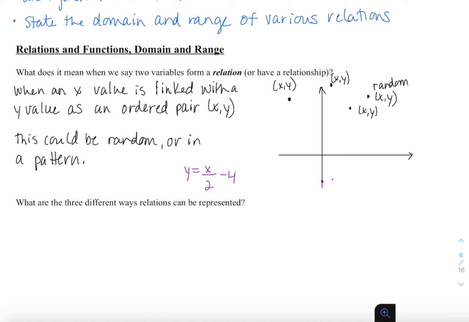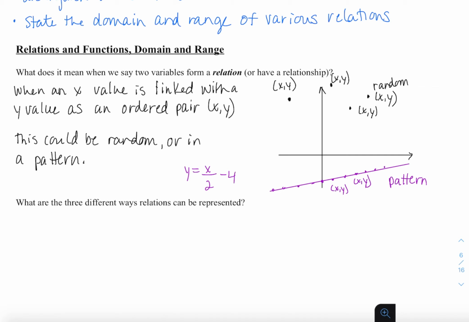If that was -4, you would probably plot a whole bunch of x, y values. And in fact, I'm not just writing the dots, it's all of the values in between those dots as well. So as I can see, all of these x, y values are associated together. They're partnered together, but this is in the form of a pattern.